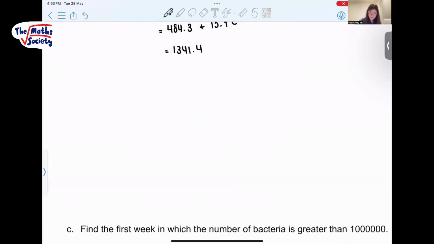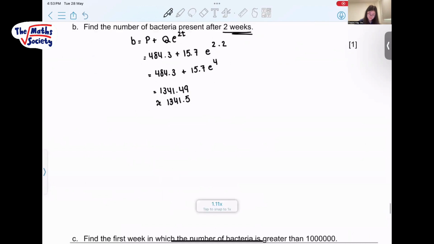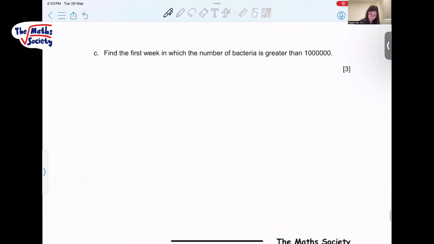Oh, it's 49, so you can round it off to 1,341.5 bacteria. Yes. And then we have to find the first week in which the number of bacteria is greater than 1 million.